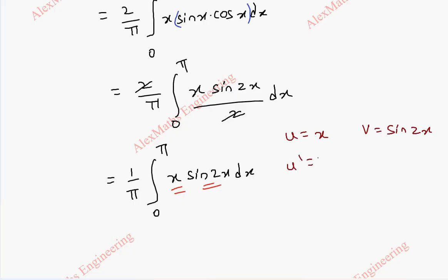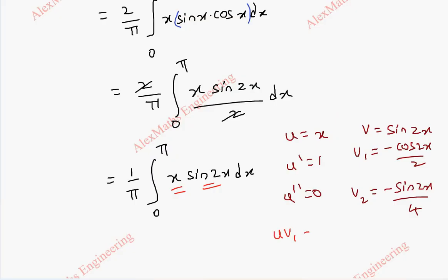So u dash is 1, u double dash is 0. So successive differentiation, and this is successive integration. So v1 is minus cos 2x by 2 and v2 is minus sine 2x by 2 into 2, which is 4. And Bernoulli's formula is u v1 minus u dash v2 plus u double dash v3 dot dot dot.